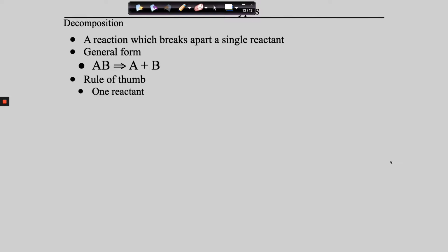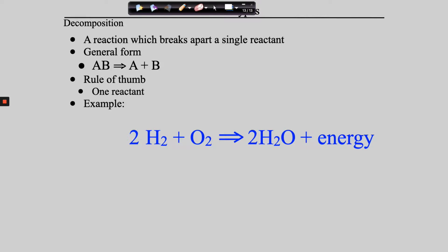So guys, obviously I know you know what's next. We're going to look at an example. But please do not write down the example until I tell you to. So we understand that synthesis and decomposition are opposites. Synthesis together, decomposition apart. Check this out. Don't write it down, but here's the deal. We've got hydrogen and oxygen reacting together to make water and energy.